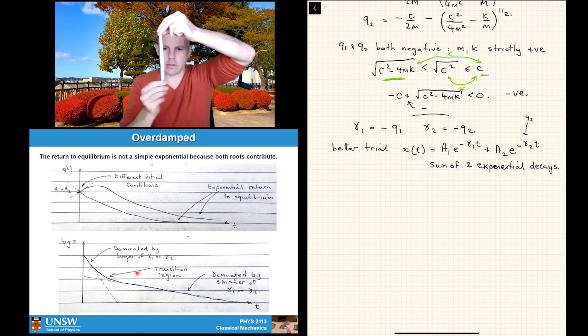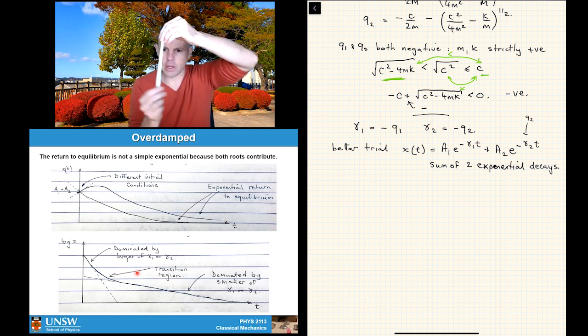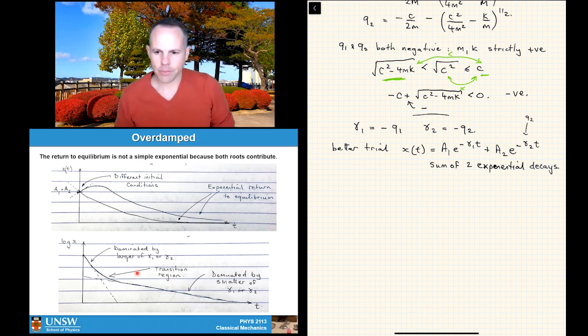So it's either a donk or maybe one kick, and that's it. There are no dying off oscillations here. The dying off oscillations are what we'll see in the second half when we get to an underdamped oscillator. All right, so that's our overdamped situation.